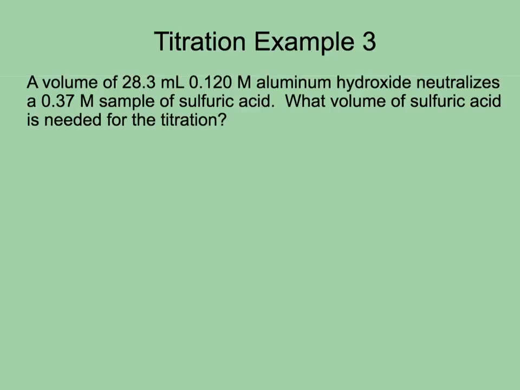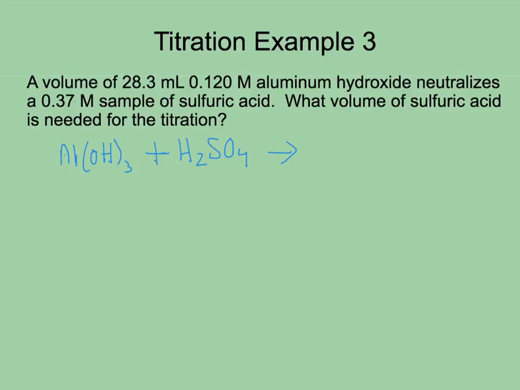Aluminum hydroxide, that's ionic. Aluminum ion is 3+, hydroxide is OH minus. So Al(OH)3 plus sulfuric acid is H2SO4 yields.